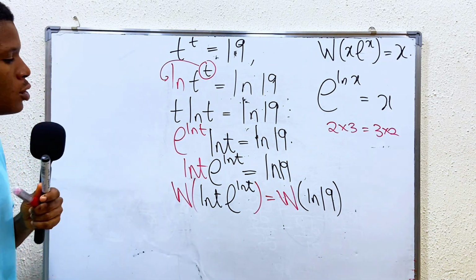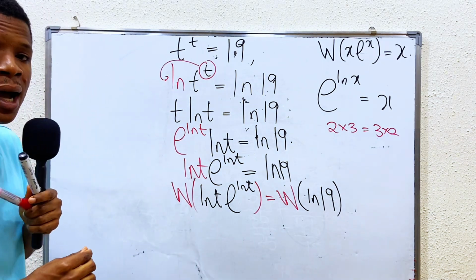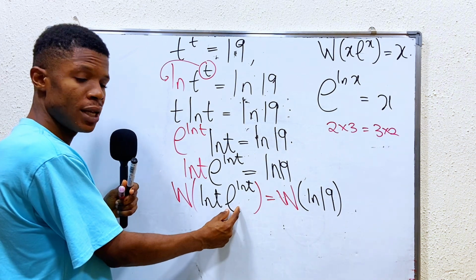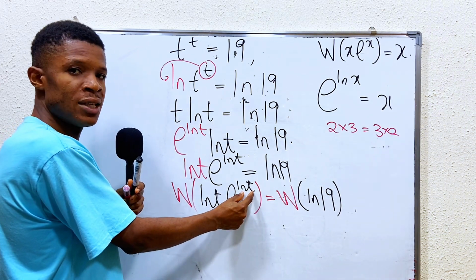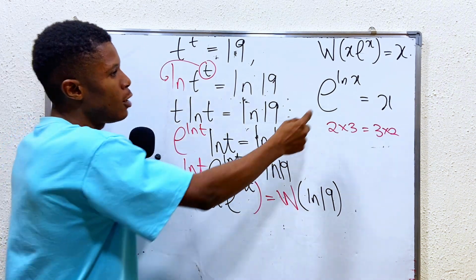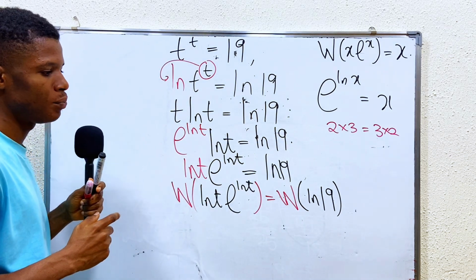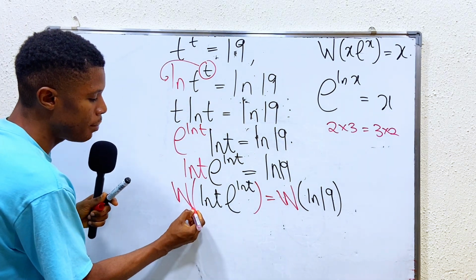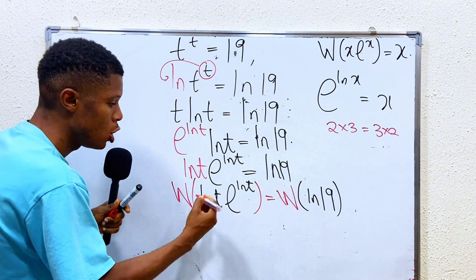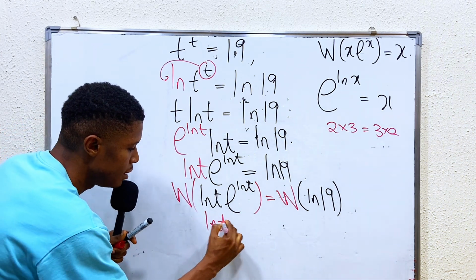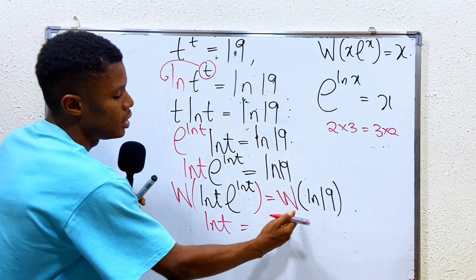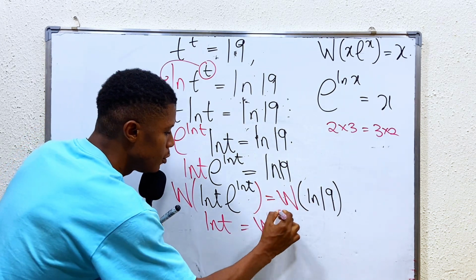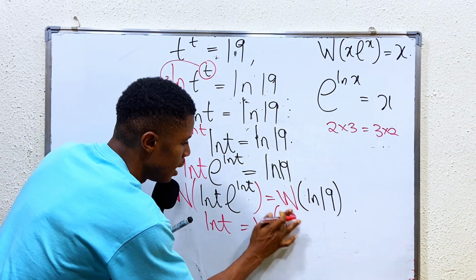Remember the rule tells us that when anything multiplies an exponential with the same thing as its power, the output is just that particular thing. So we now have ln t is equal to, since the right side is not in the same standard, the Lambert W function of ln 19.